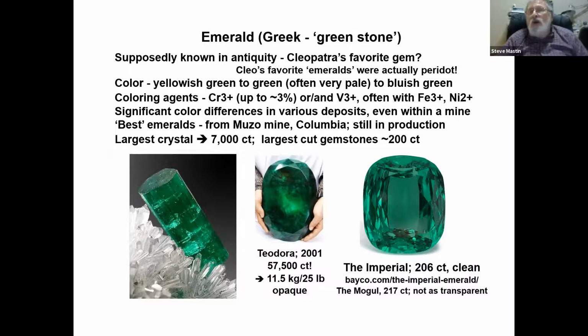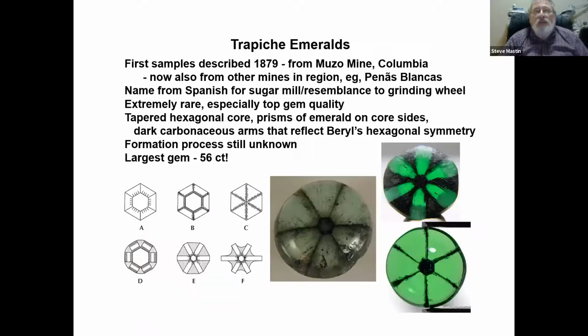So it's been going strong for something over 400 years, at least. And the Incas and other native Indians in the Colombia region or around the Colombia region knew about emeralds and used emeralds for decoration. And so who knows how long that Muzo mine has been in production.